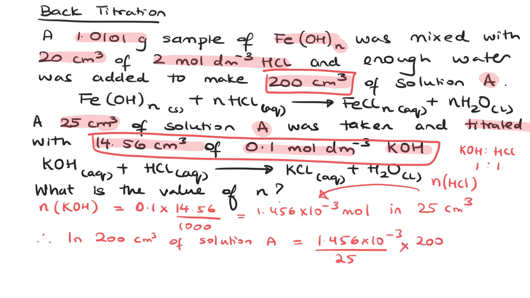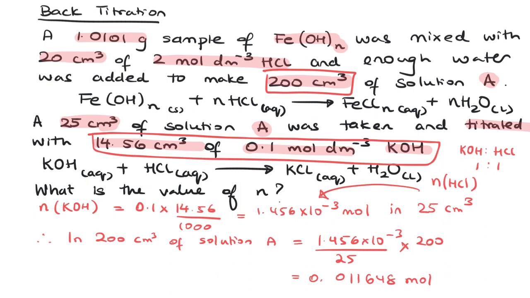This is simply a dilution situation where we're working out the original amount of moles, and this gives me 0.011648 moles. Now we know this is the amount of moles in 200 cm³ of solution A.